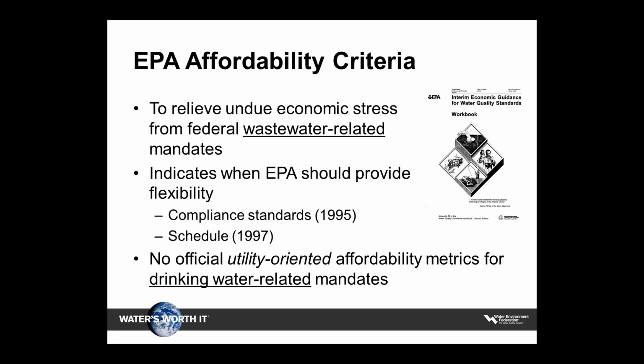My understanding is typically EPA's relief has come with relaxing schedules, but from the earlier presentations, it does seem like there's some opportunities, especially with the integration approach, of maybe re-examining what the ultimate targets are for compliance.